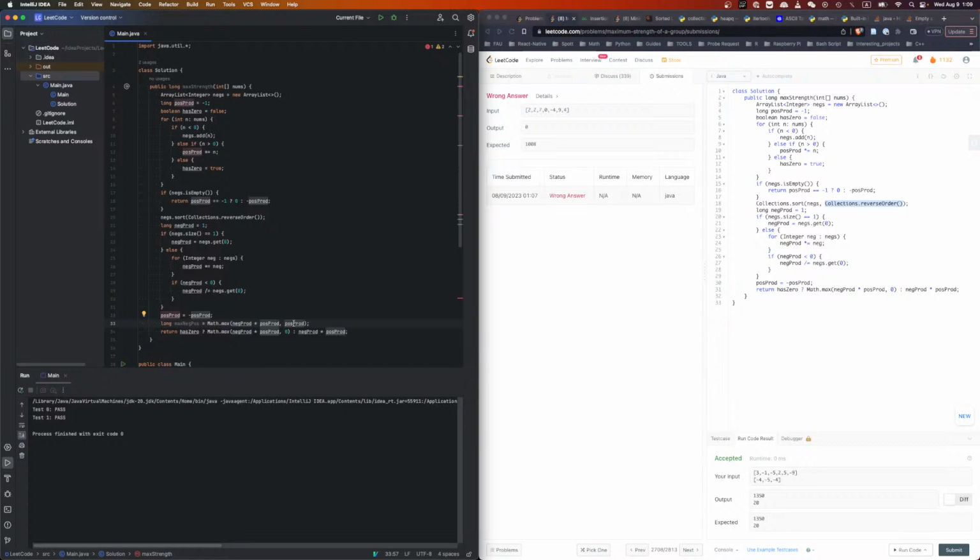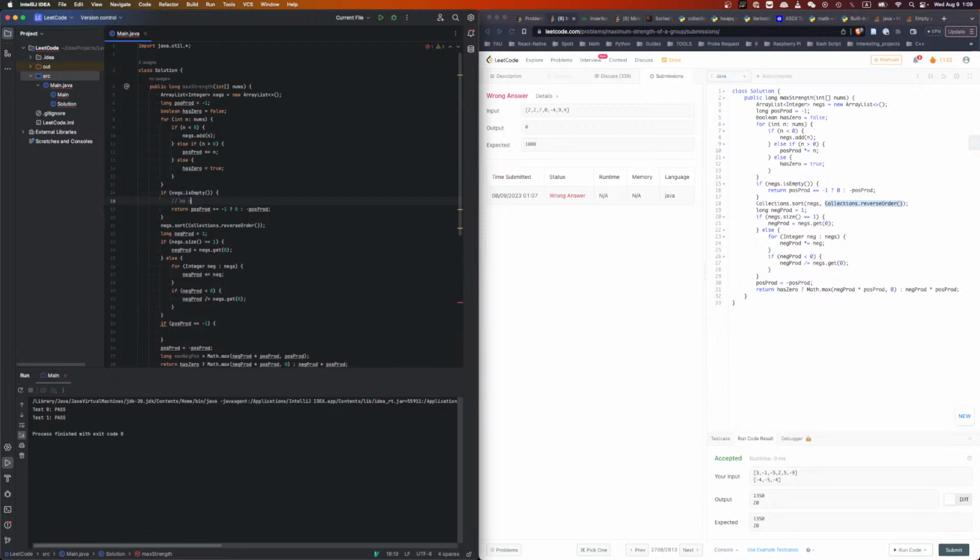Oh man. So there's no negative. Then we just say if there's no positive, if positive product is equal to -1, right? So this is a no positive. Yeah, this is no negative, and this is no positive.